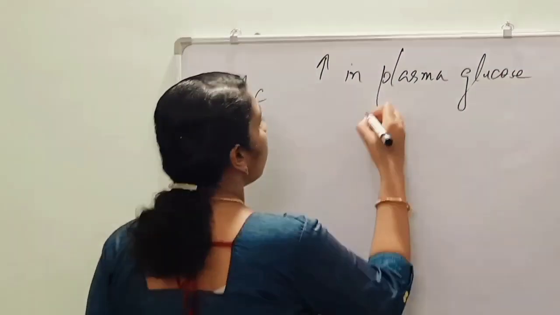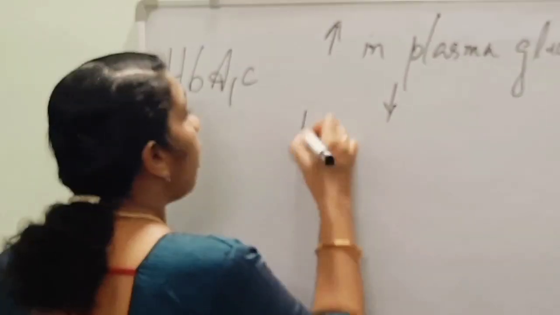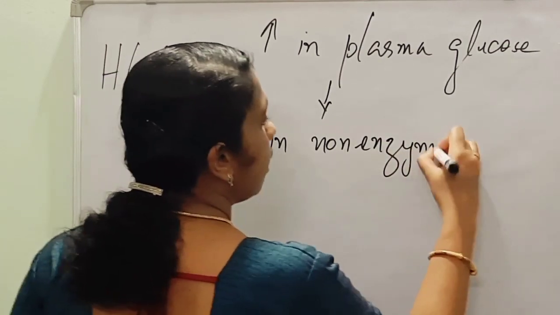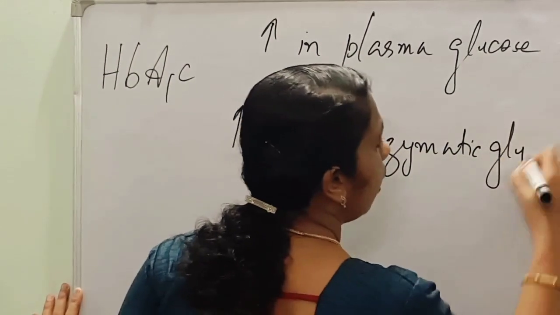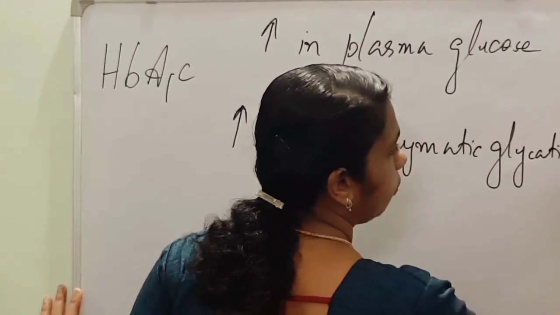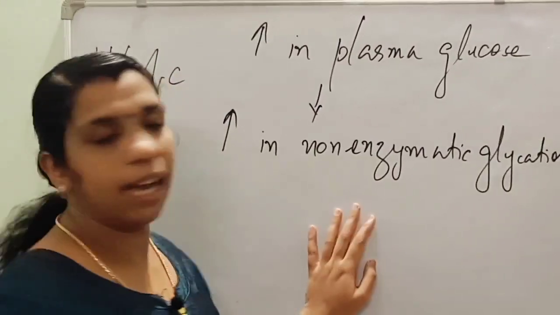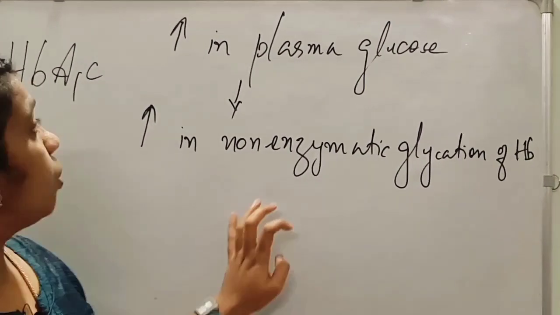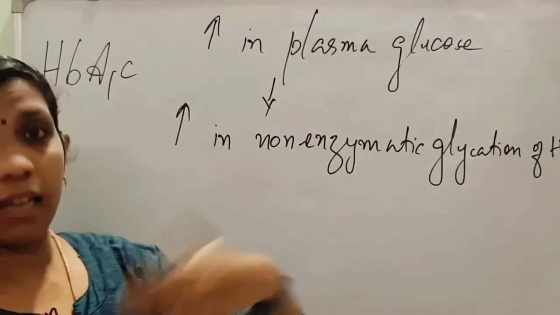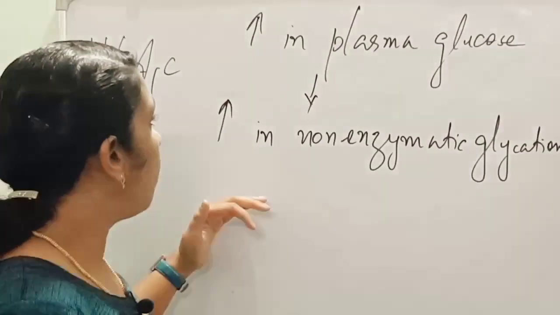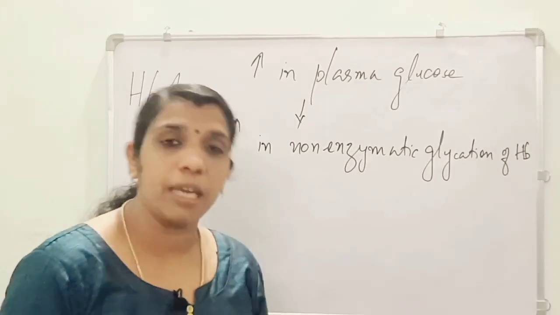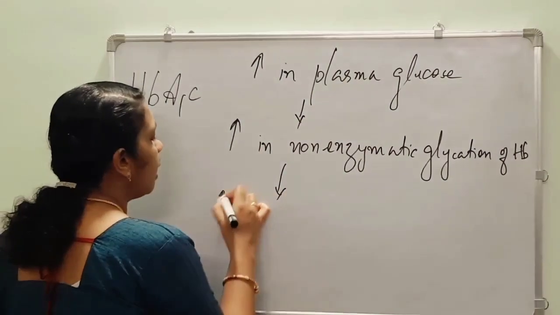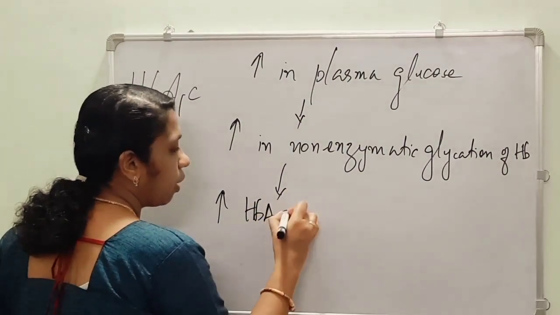When there is an increase in plasma glucose, there will be an increase in non-enzymatic glycation of hemoglobin. Normally there is enzymatic glycation of hemoglobin. So when plasma glucose rises beyond the normal level, there is an increase in non-enzymatic glycation of hemoglobin, and so there will be an increase in HbA1c.